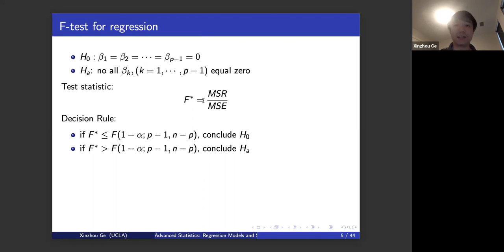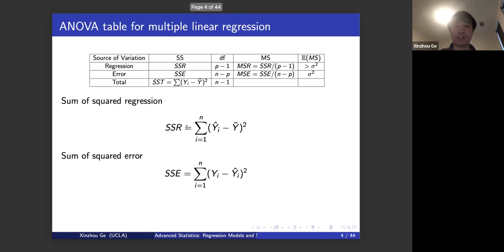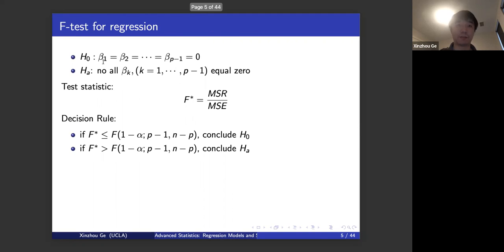So if we compare the model with a random guess, actually this model will have all the coefficients from beta 1 to beta p minus 1. If we use ANOVA, we are actually looking at whether all the coefficients are 0 or not. If any of the coefficients is not equal to 0, it means that our model is better than a model which has all the coefficients equal to 0.